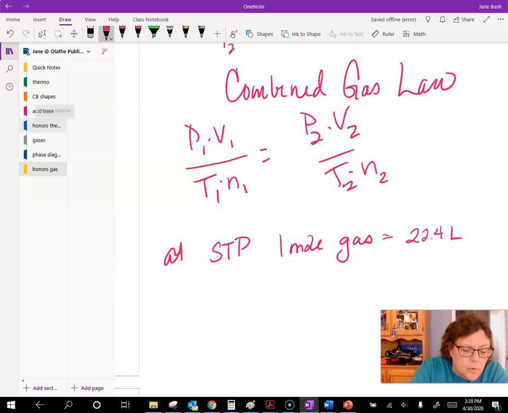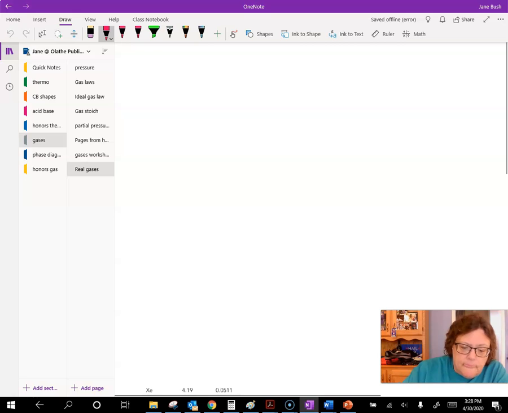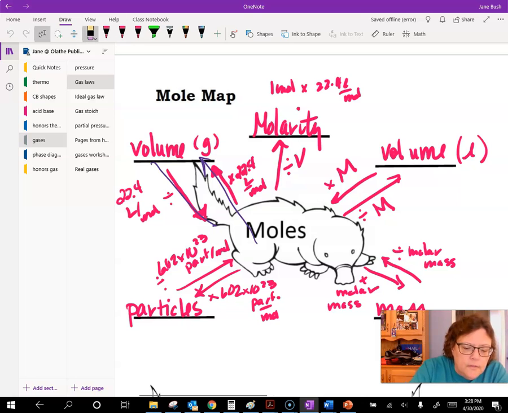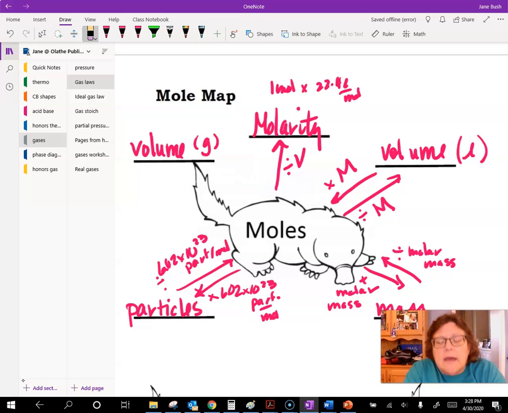Now I have to figure out where the mole map is. Let's see. Here we go. We're going to fill in that last bit. So, write volume of a gas in the upper left-hand corner. Okay, if you don't have this, pause, get it out, get ready to write. So we know that 1 mole has a volume of 22.4 liters.